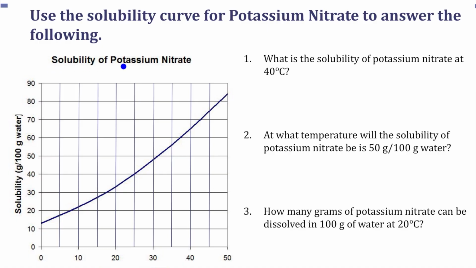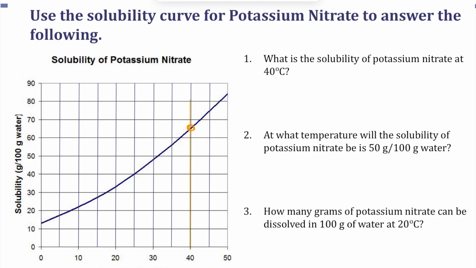So we are given this solubility of potassium nitrate graph here, and using this solubility versus temperature graph we answer the questions. What is the solubility of potassium nitrate at 40 degrees Celsius? I'm going to go to that 40 degrees Celsius on my graph and look for where that is crossing the solubility curve.